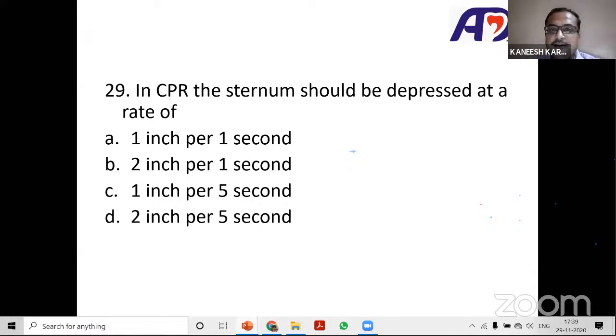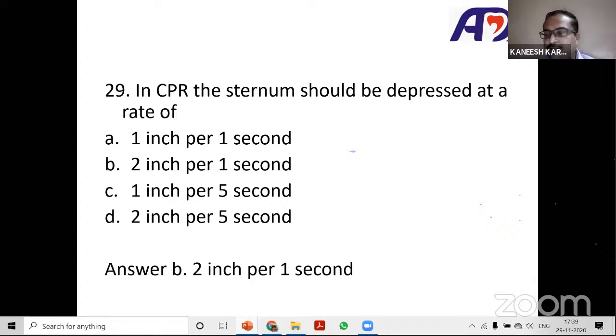In CPR, the sternum should be depressed at a rate of 2 inches per 1 second. The heart is situated at a depth of 2 inches from the ribs, so you have to compress at least 2 inches to compress the heart and maintain the circulation.